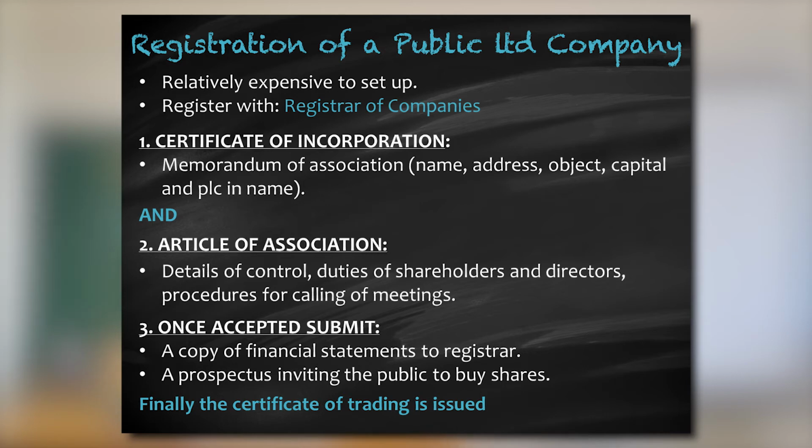Then you must also complete articles of association, the duties of the shareholders, the directors, and when they call meetings and so forth. And once this was accepted by the Register of Companies, you must also hand in yearly a copy of your financial statements, not only to the receiver of revenue or the Inland Revenue Office, you must also hand it to the Register of Companies.